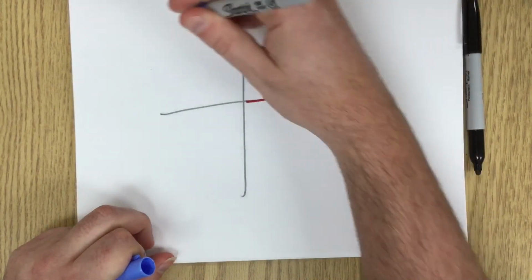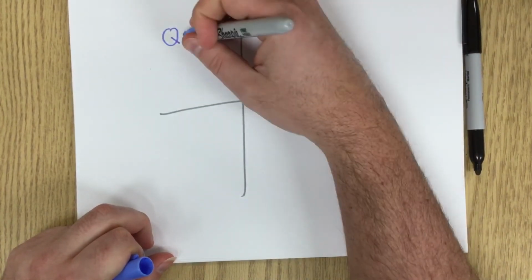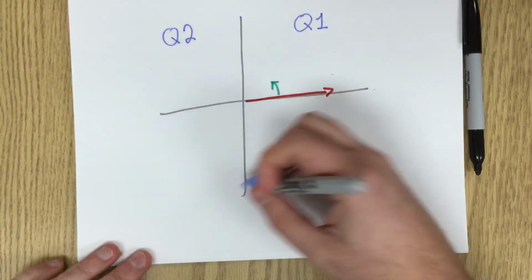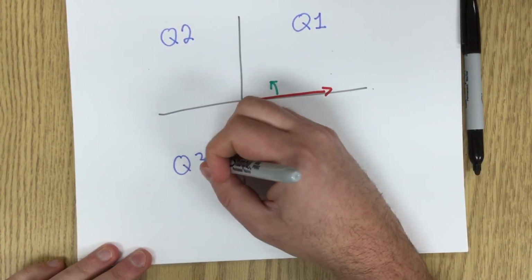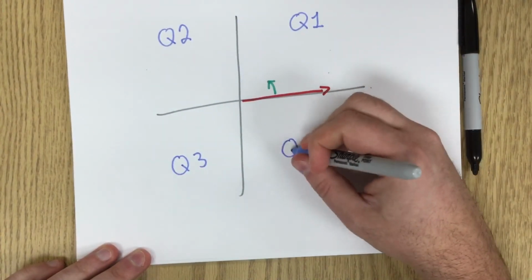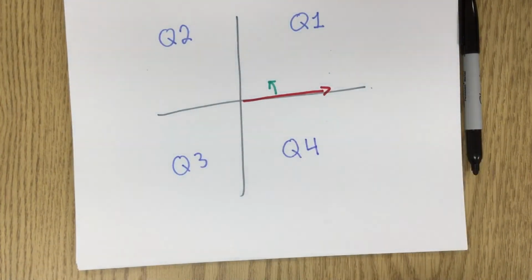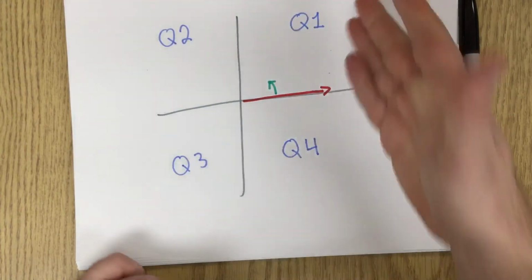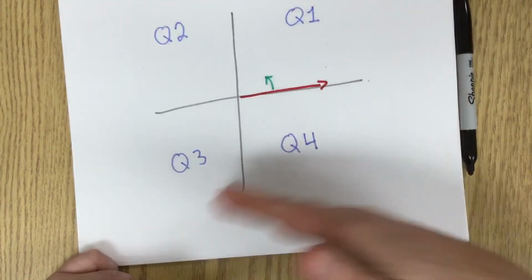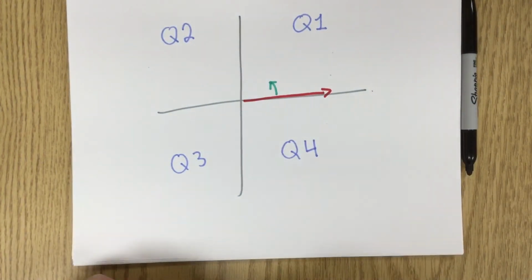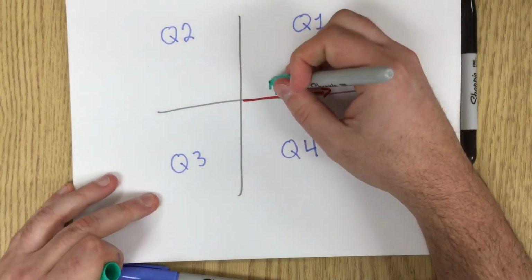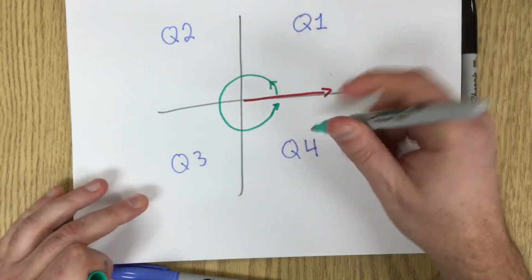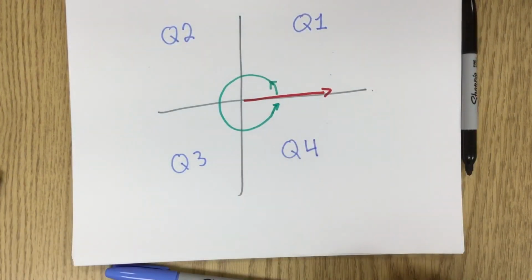If the angle continues, it gets to there, and this is the second quadrant. If we continue, that's the third quadrant. And this is the fourth quadrant. So we're going to say Q1, Q2, Q3, Q4, and that's in the order that the angles go through as we're considering them from the initial arm.